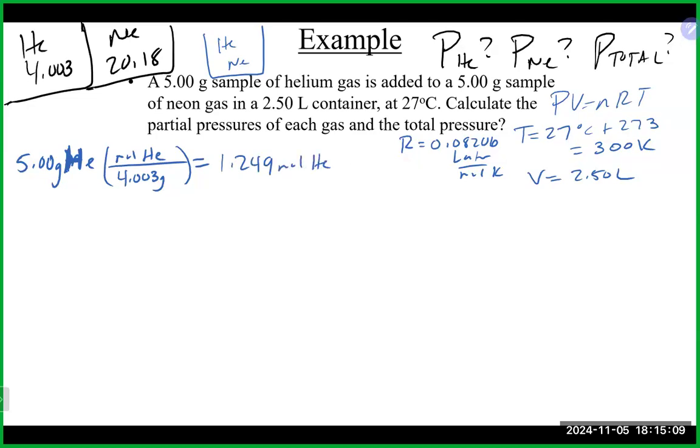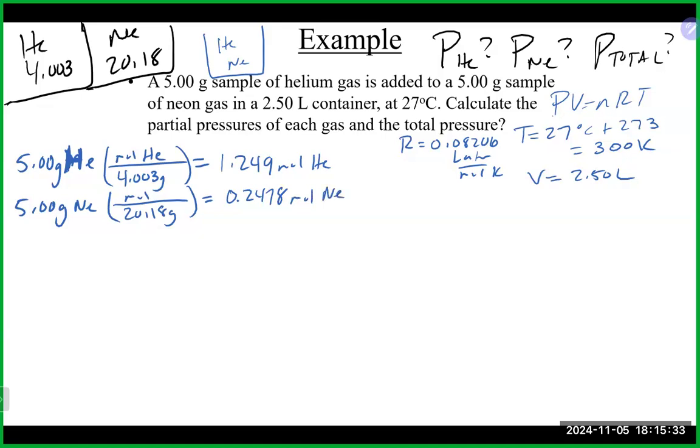We'll do the exact same calculation for neon: 5 grams of neon, using the molar mass of neon from the periodic table, 20.18 grams per mole. That's 5 divided by 20.18, which is 0.2478 moles of neon. So that's pretty much everything we need.